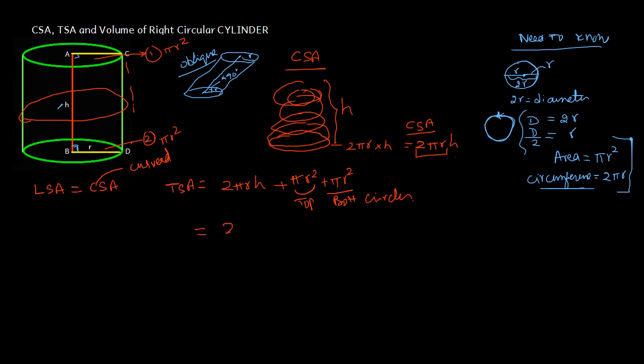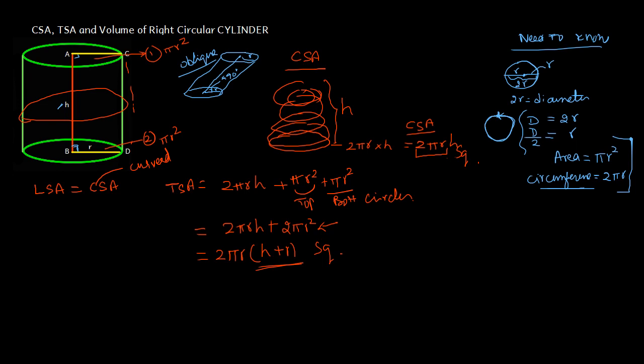So 2 pi r h plus 2 pi r square. You can just leave it as is, but this is where you need to verify, okay, this is my formula. Apart from this, if you take out a common factor, let's say 2 pi r, I'll be left with h plus r. That's my TSA. Remember, these are all square units.